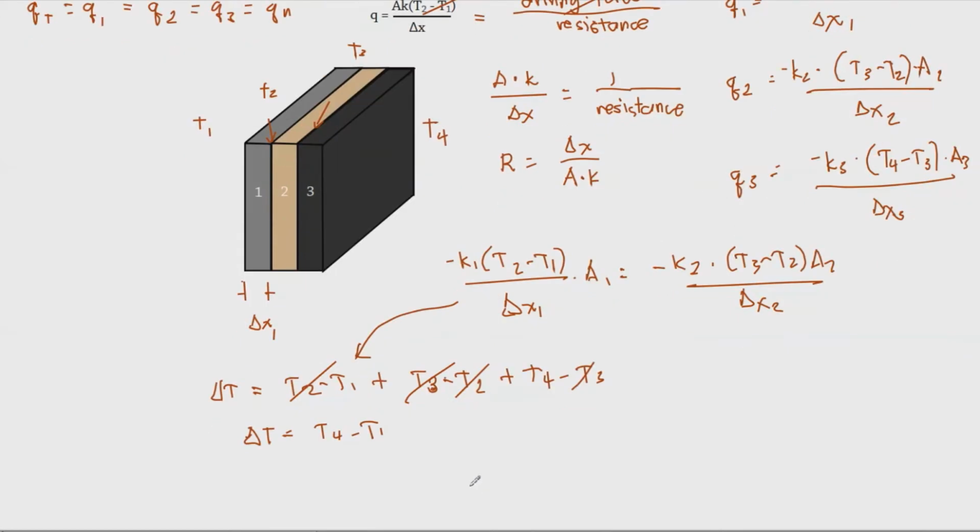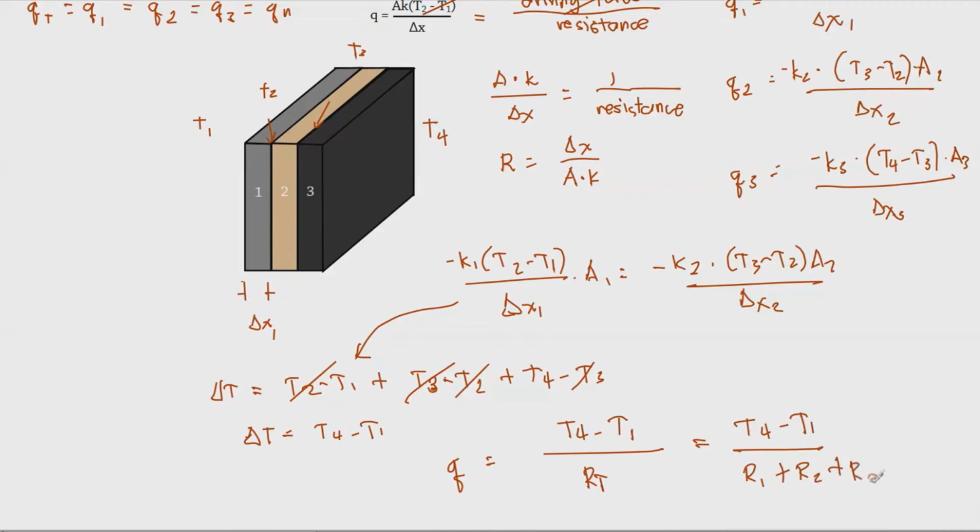In that case, we're left with Q, which is equal to the temperature gradient, T4 minus T1, divided by our total resistance. And our total resistance is simply equal to the sum of each resistance that we have obtained.